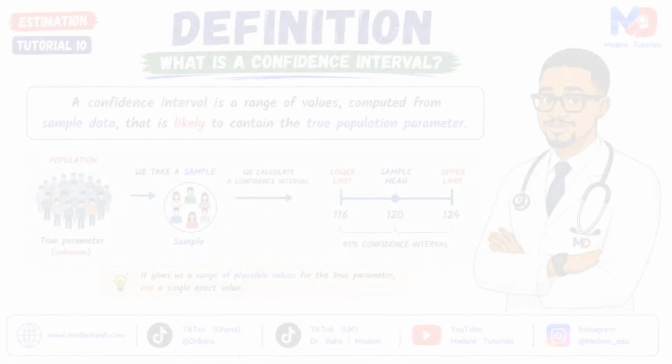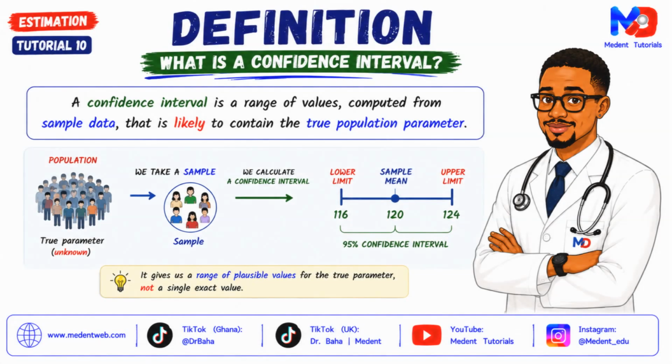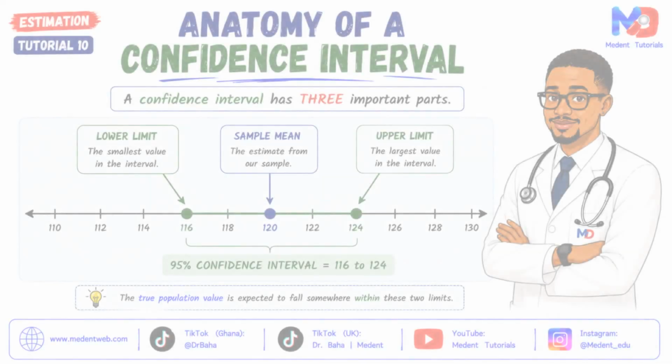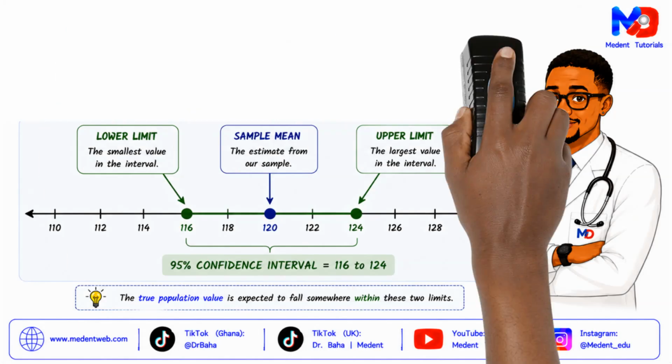So, by definition, a confidence interval is a range calculated from sample data that is likely to contain the true population value. Every confidence interval has three important parts: the lower limit, the estimate in the middle, and the upper limit.